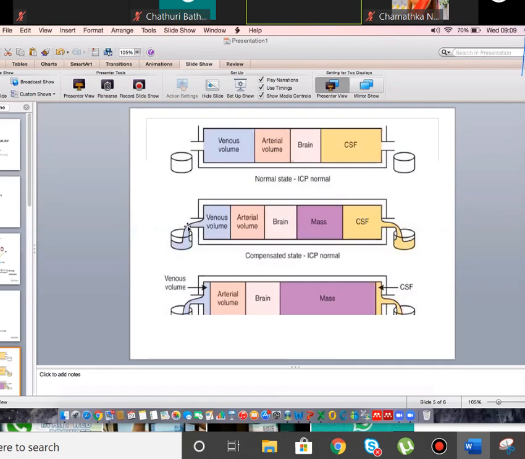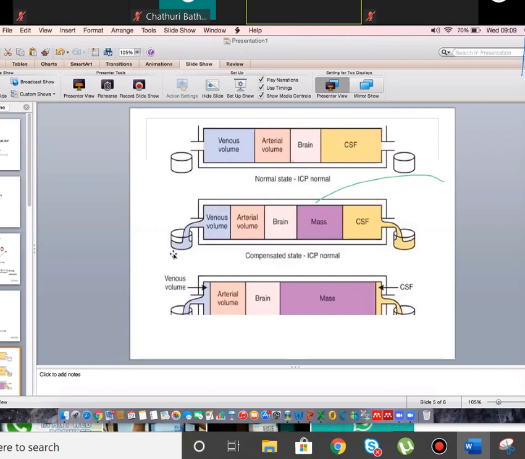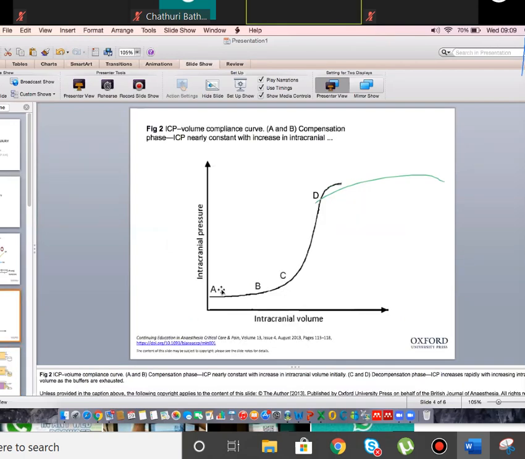Actually, the two can happen at the same time. Because of that, initially when the intracranial volume increases, the intracranial pressure doesn't change, because venous blood and CSF are squeezed out of the cranium. So that's the importance of this initial part.